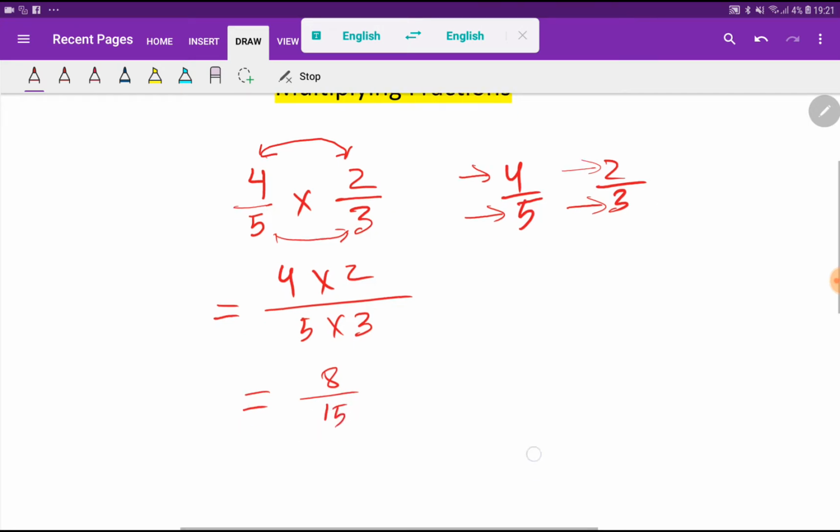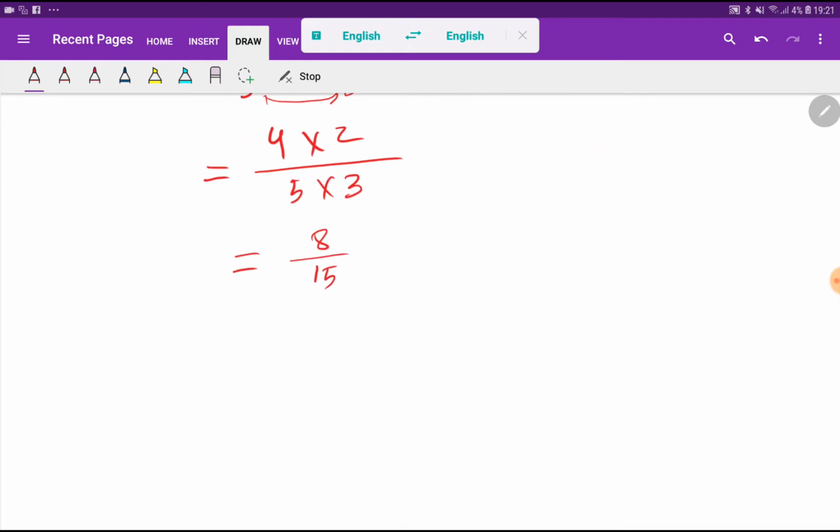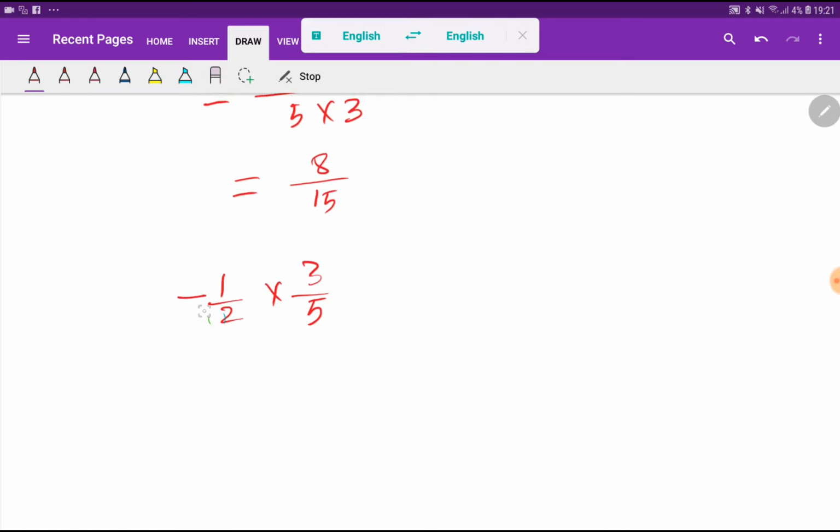Okay, let me take another example. How to multiply minus 1 by 2 times 3 by 5. Okay, many students feel problems in case of placing this minus.